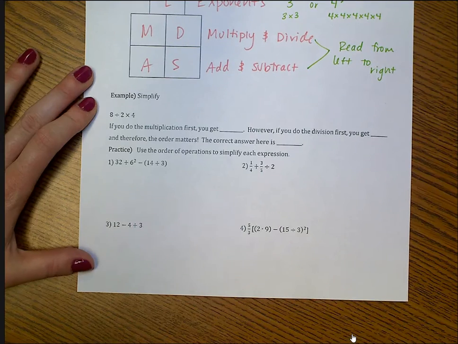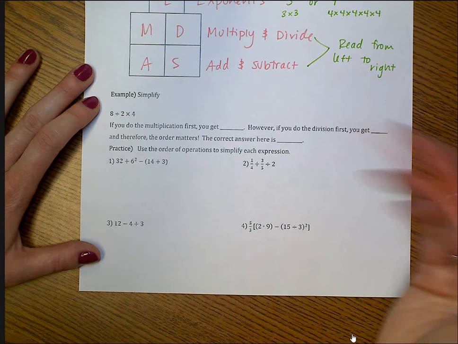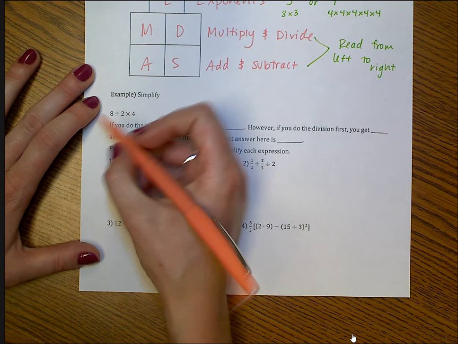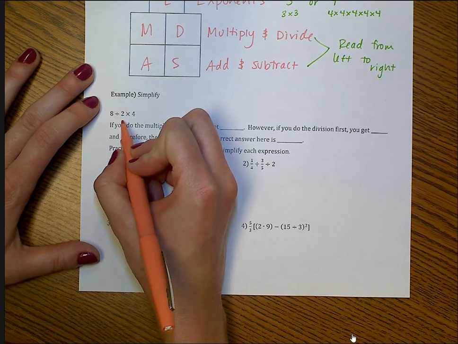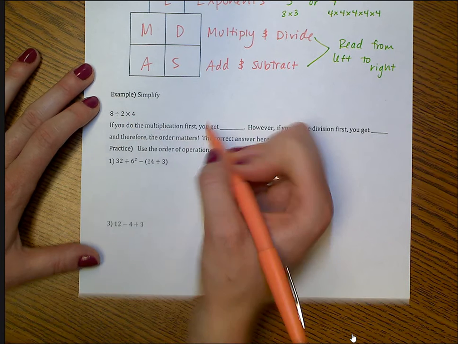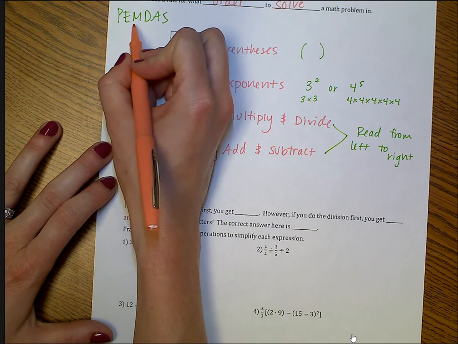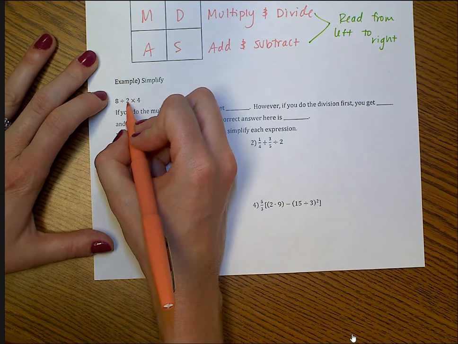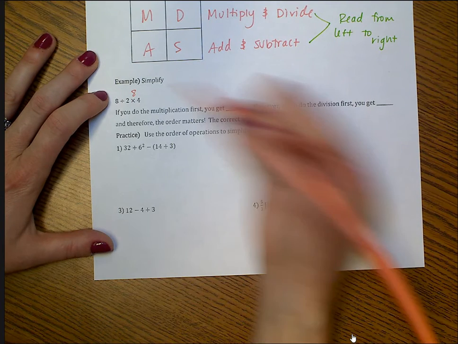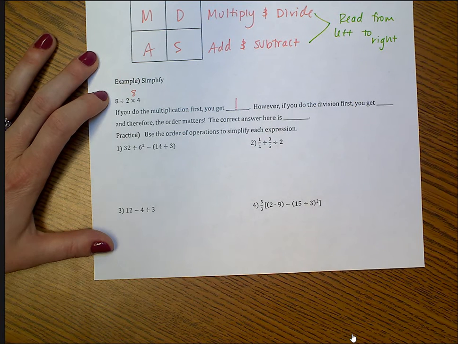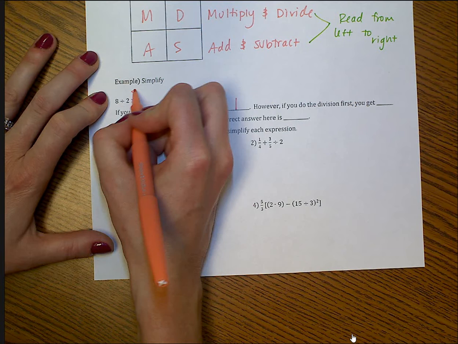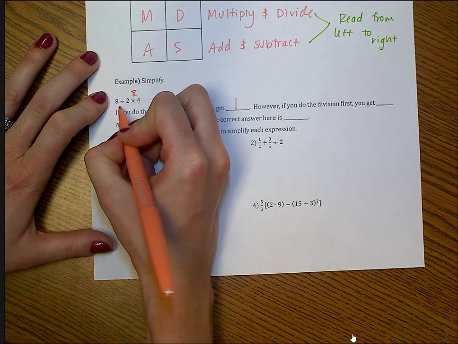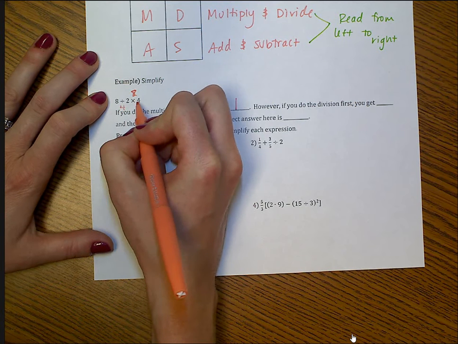So this first example here shows us exactly that. I have multiplication and division. If I multiply first, because some people will say, oh, well, M comes first, so I'm going to do that first, those people would do 2 times 4, which is 8, 8 divided by 8, and they would get 1. But if you do the division first, so you say, oh, well, 8 divided by 2 is 4, and then 4 times 4, that's 16.